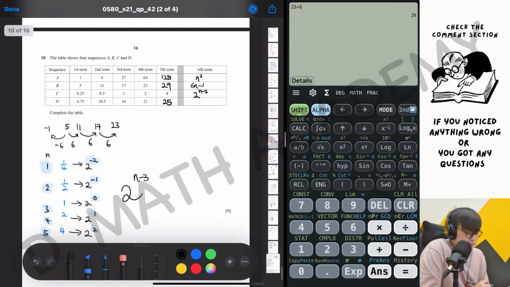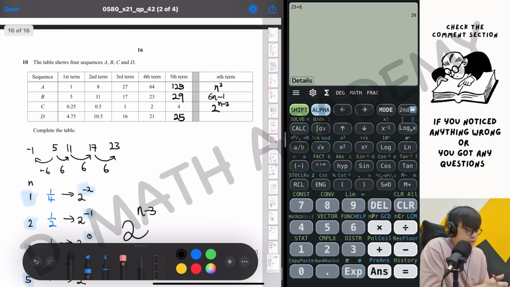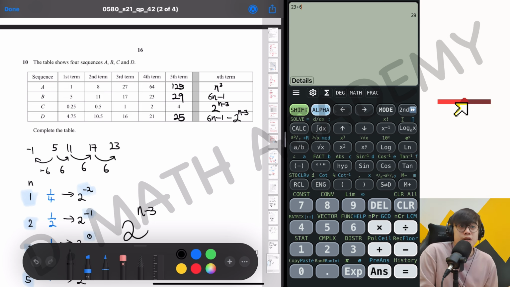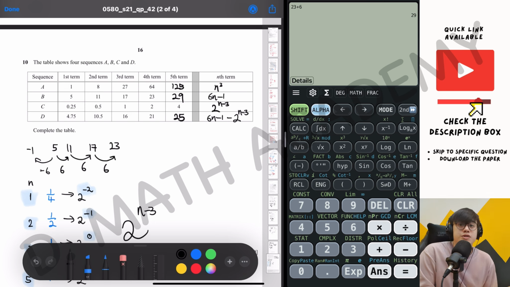So with this 25 here, if you were to write down the details, it is actually 6n minus 1, okay, minus 2 to the power of n minus 3. So that's how you write down your final answer. And this will be my final answer.